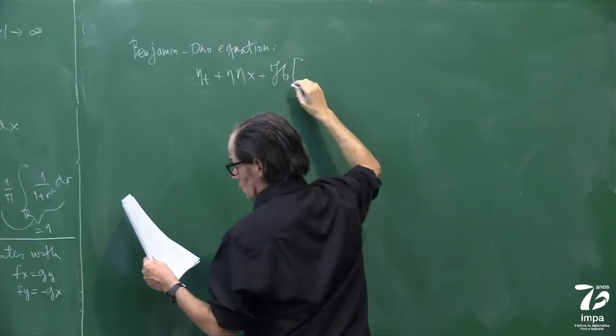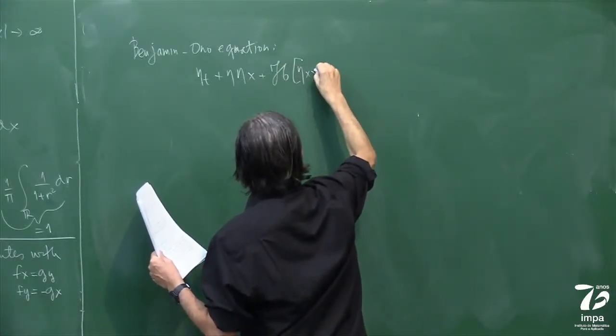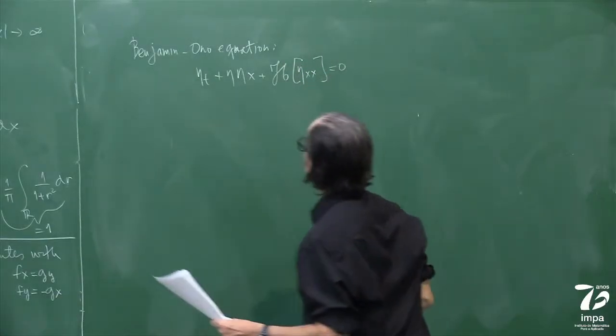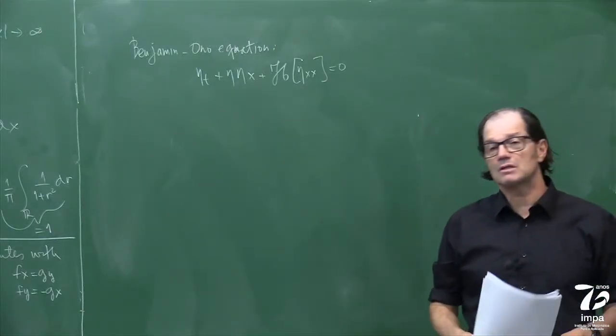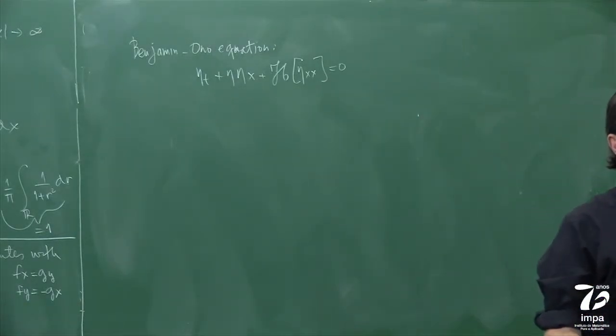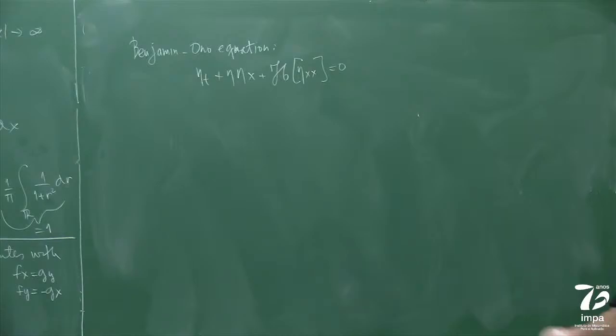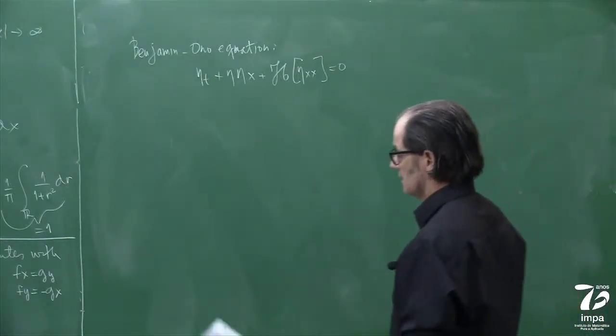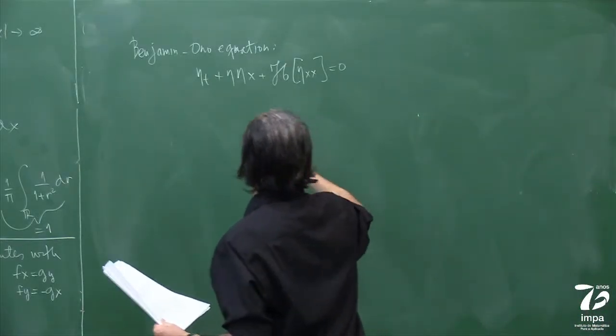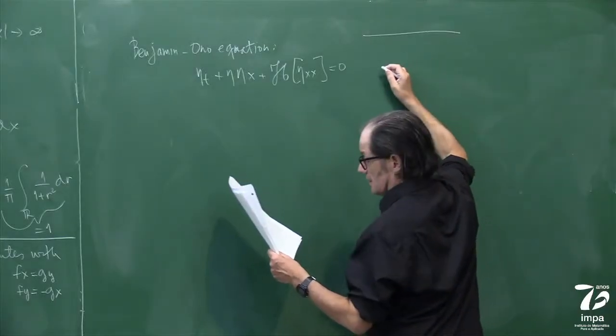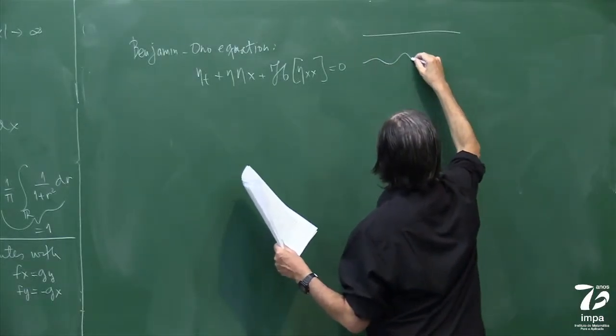It has a non-local term. So this is a Benjamin-Ono equation. Until recently people studied many aspects of it, in systems and so on. And the Benjamin-Ono equation appears in problems like this of internal waves.